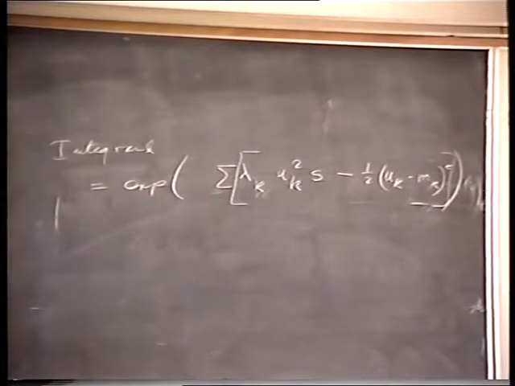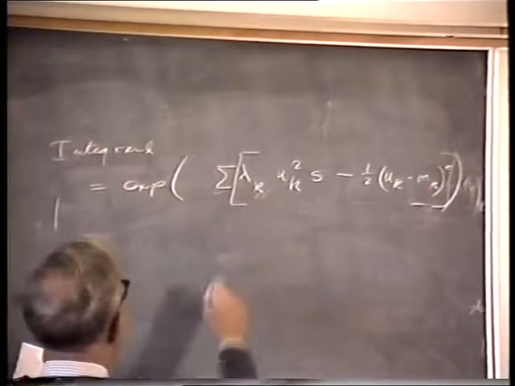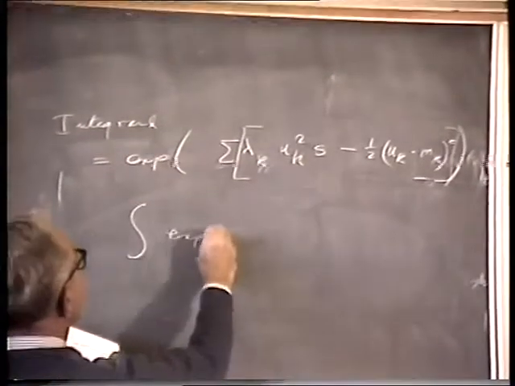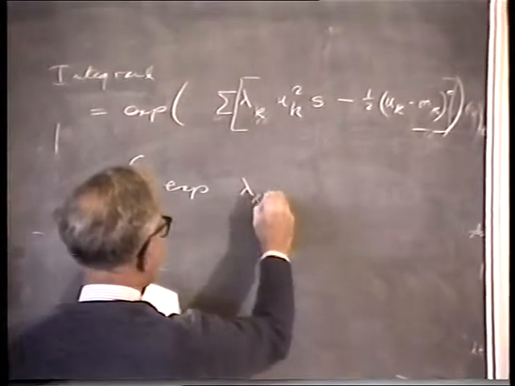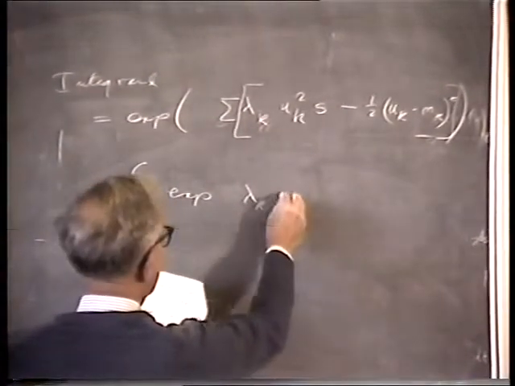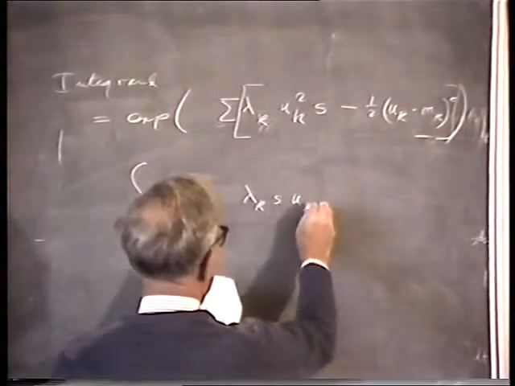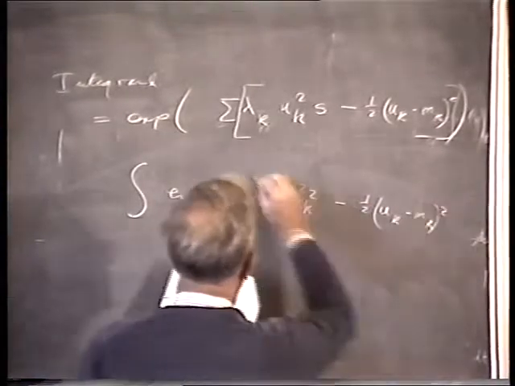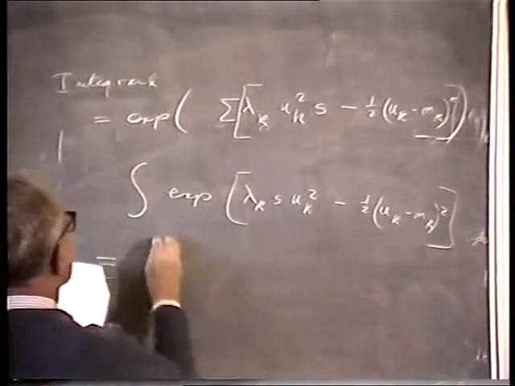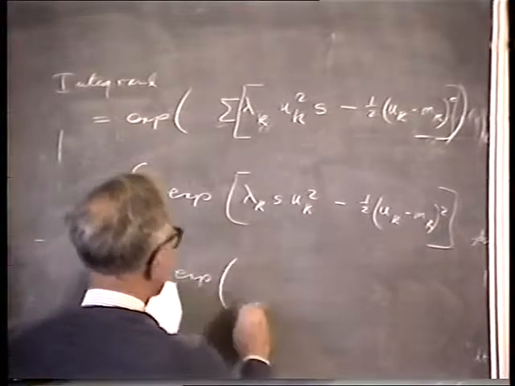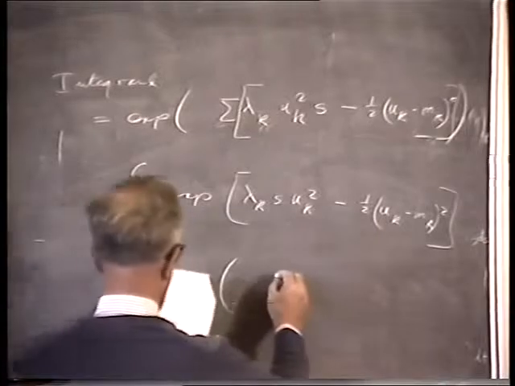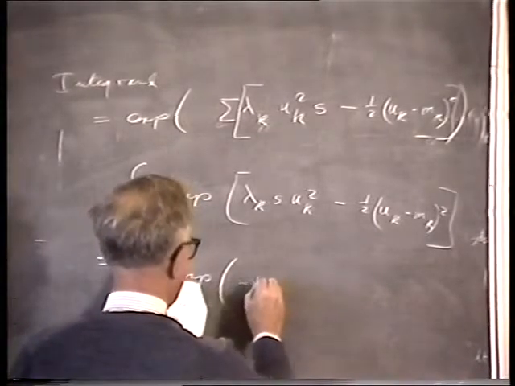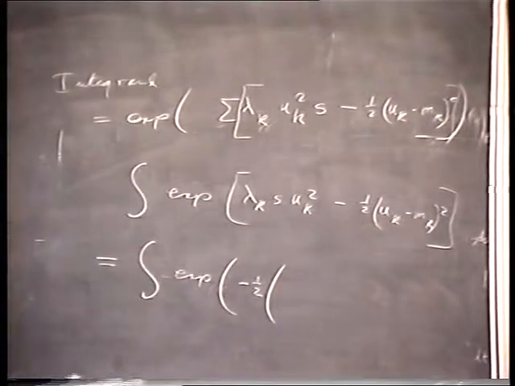So let's have a look at what happens if we just take one of these terms and integrate it: exp of lambda k s uk squared minus a half uk minus mk squared is equal to exp of minus a half, because what I'm going to do is to use the fact that this is similar to a single variable normal distribution integral.